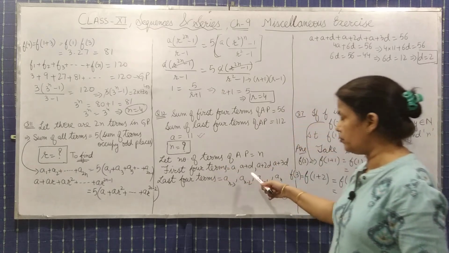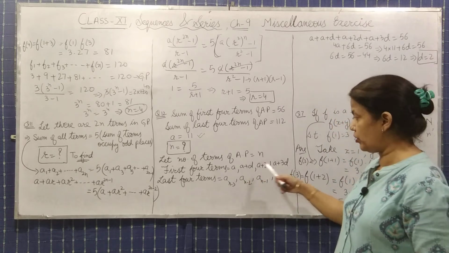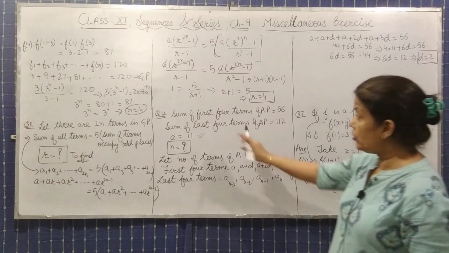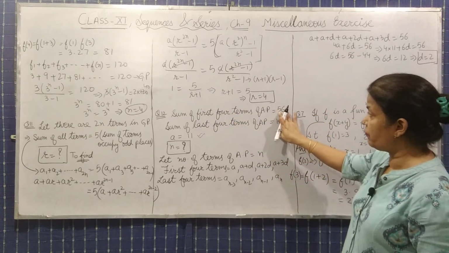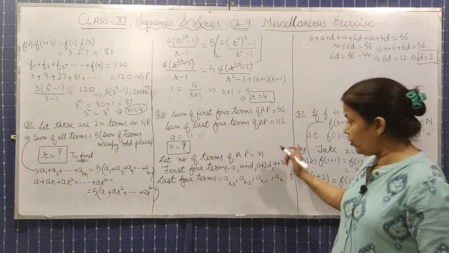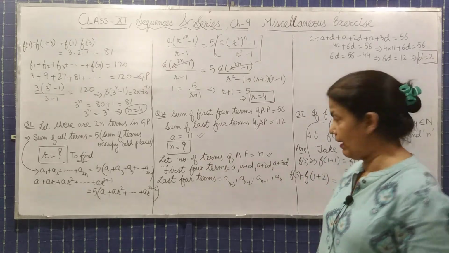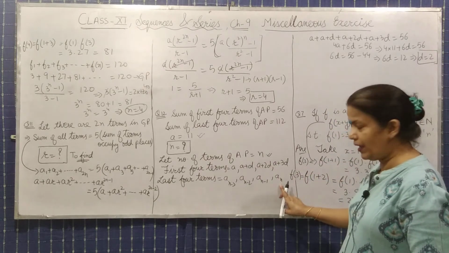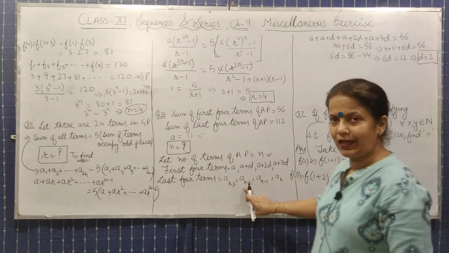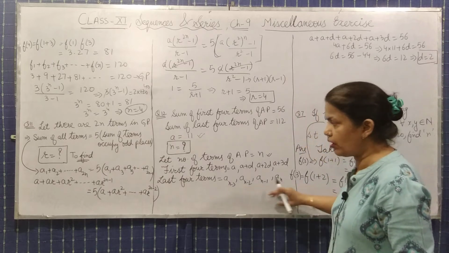First 4 terms we will take as A, A plus D, A plus 2D and A plus 3D. So the first 4 terms sum is 56. And what should be the last 4 terms? If we are taking the total number of terms as n, the last term will be An और उससे पहले वाली टर्म हो जाएगी An minus 1, An minus 2 and An minus 3. ये लास्ट की 4 टर्म्स हो गई.